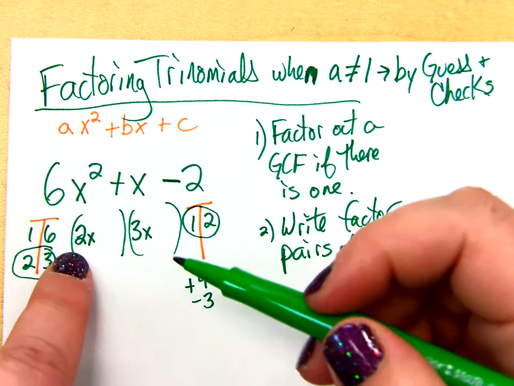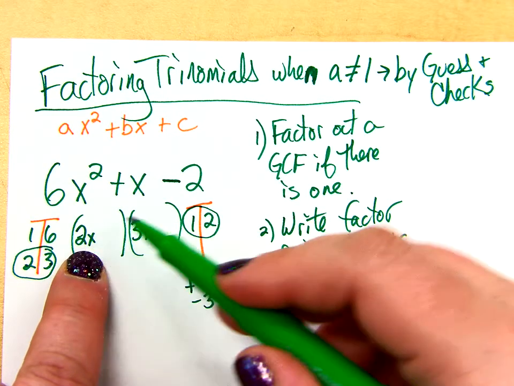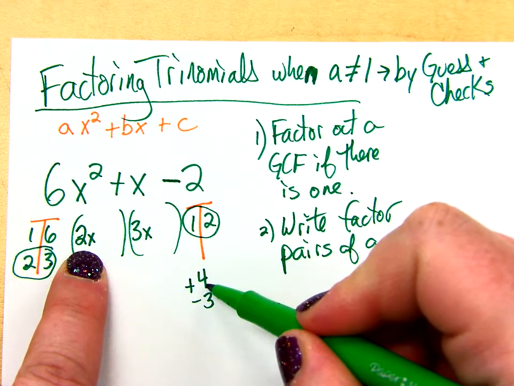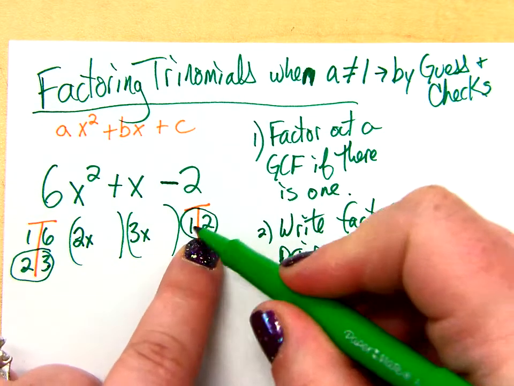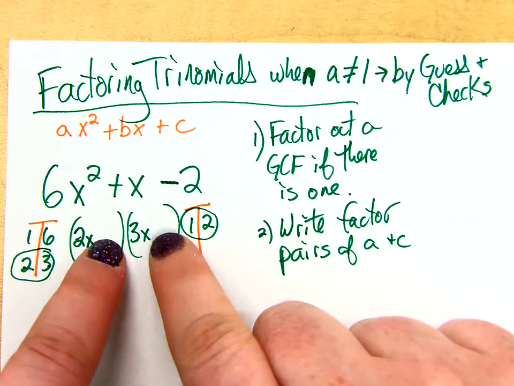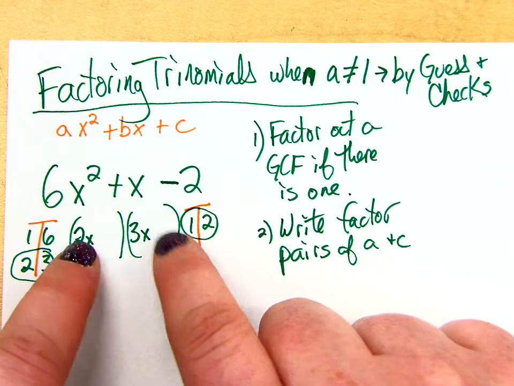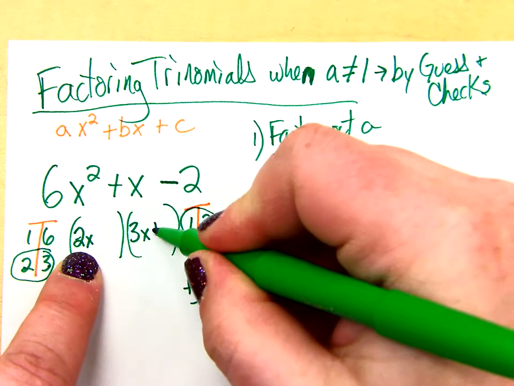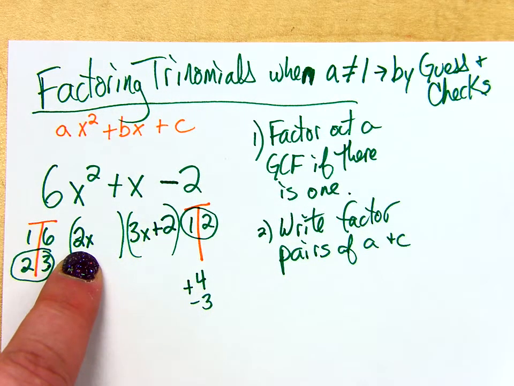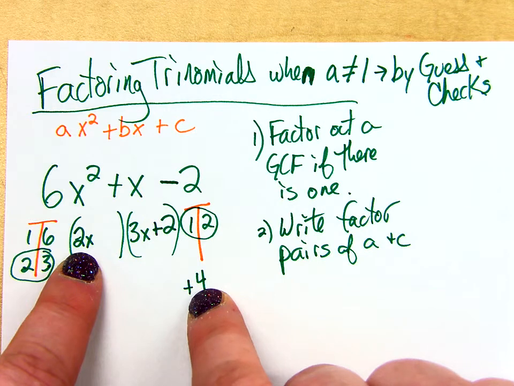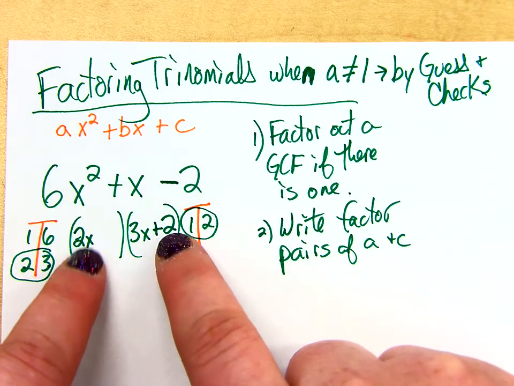So watch. 2 times what will get me to a positive 4? 2. And I have to put these 2 numbers in the right spot. Does the 1 go there or does it go here? Does the 2 go here or does it go here? Well, I want to do 2 times 2, and I want that to be positive. So in order for me to get that positive 4, I have to have 2 times a positive 2.